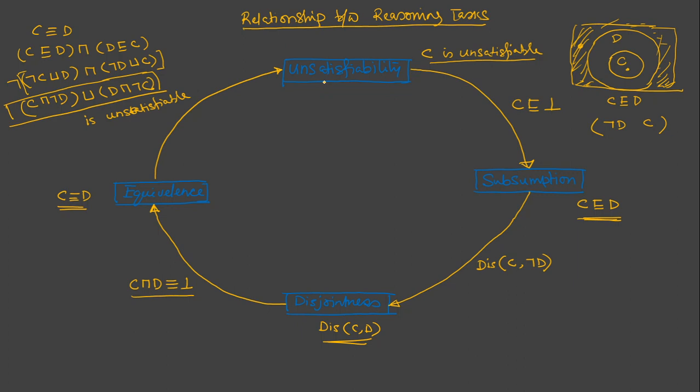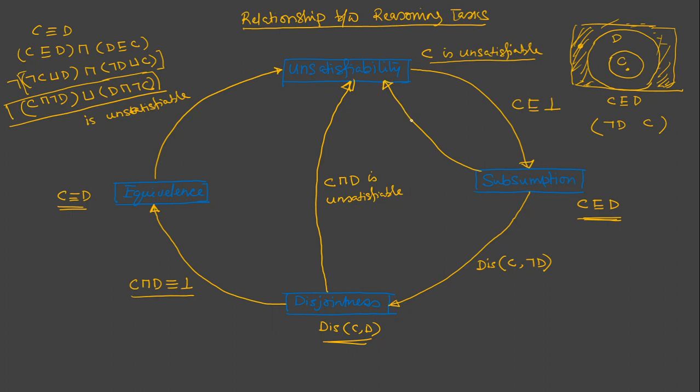We can also translate the disjointness relation directly to an unsatisfiability problem. How can you do that? Basically you can say that C intersection D is unsatisfiable. And you can also translate subsumption into an unsatisfiability problem.